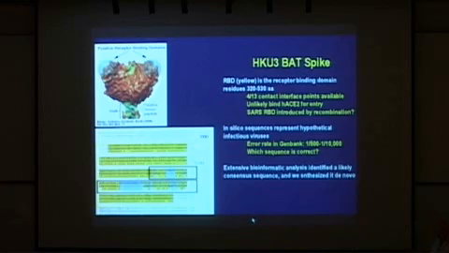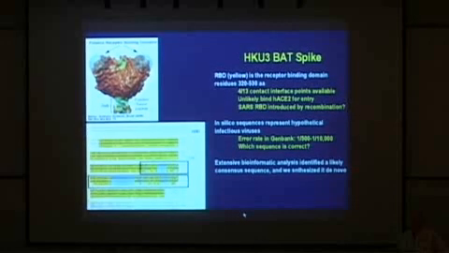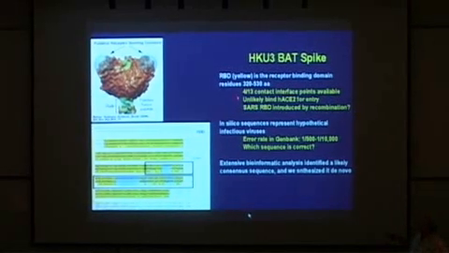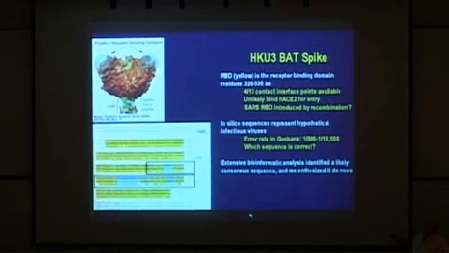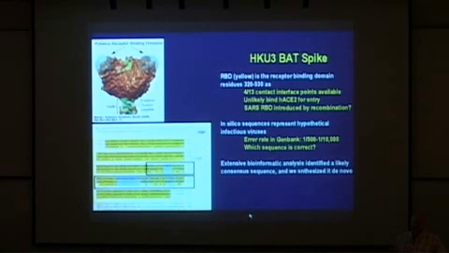If you look at the sequence, the receptor binding domain shown here in yellow, there's a large amount of sequence variation, especially within the contact interface residues that engage the human ACE receptor. And in fact, there's only 4 of 13 contact interface residues that are retained in these bat strains. So we don't actually think it's going to use the human ACE receptor to get into cells. In fact, we think we're going to have a tough time culturing this virus.